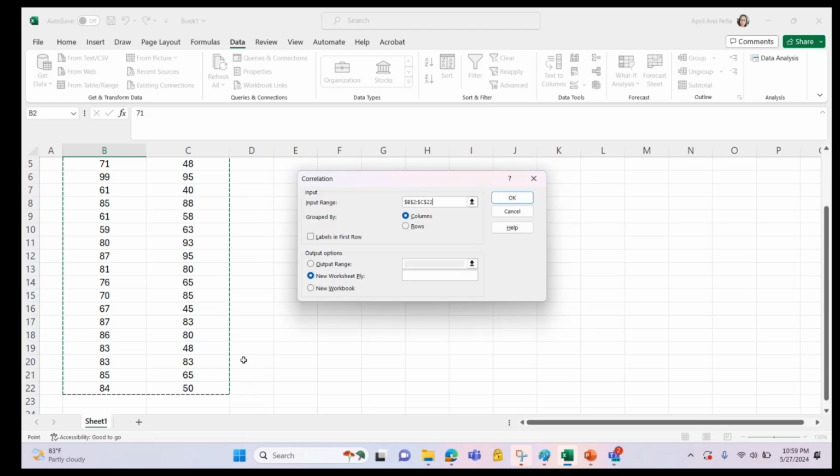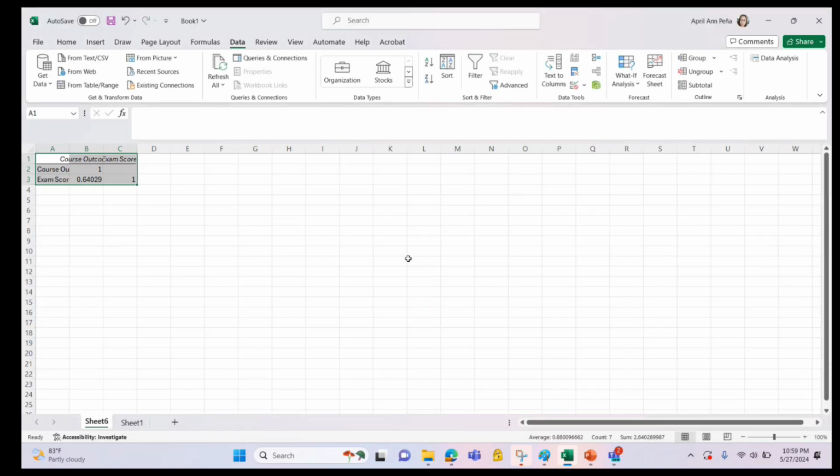That's it. Okay. You have to check labels in first row because in our data, we selected the labels also, the course outcome and the exam score. Next, you click OK.